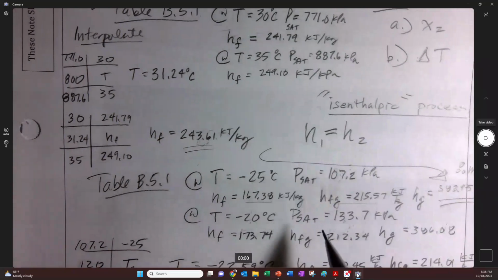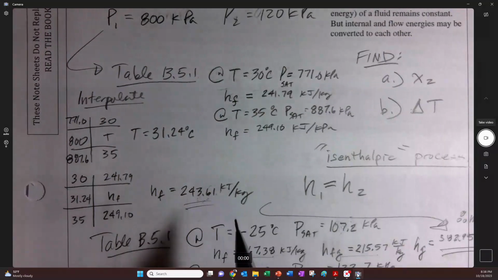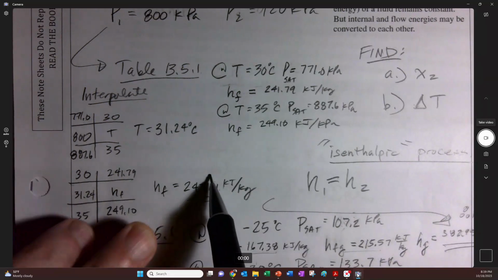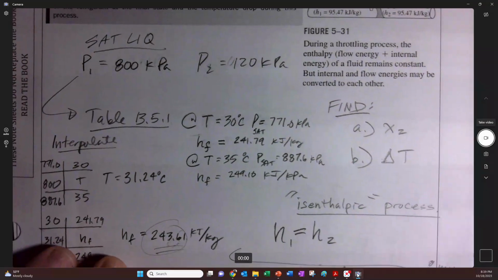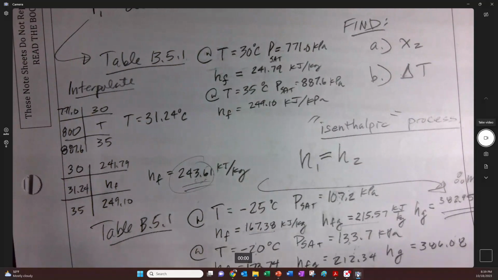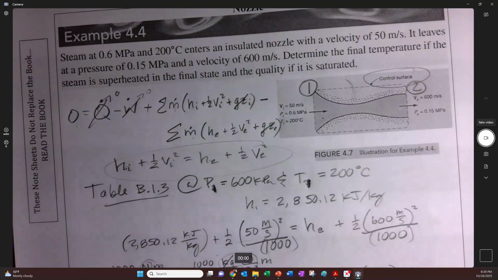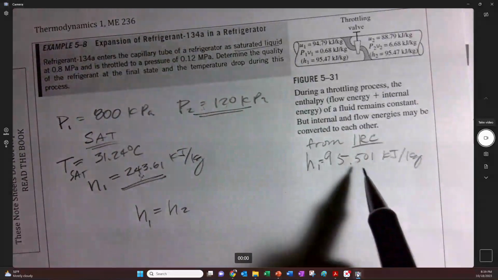In this isenthalpic process, because this didn't work, because this wasn't the same as this other one. Whoops, I'm sorry, I put all my papers down. There you go. I wrote that one down though.